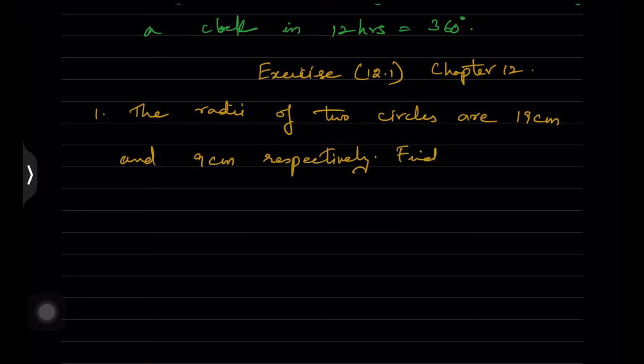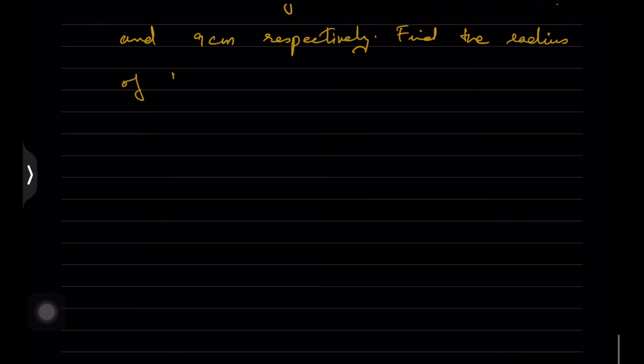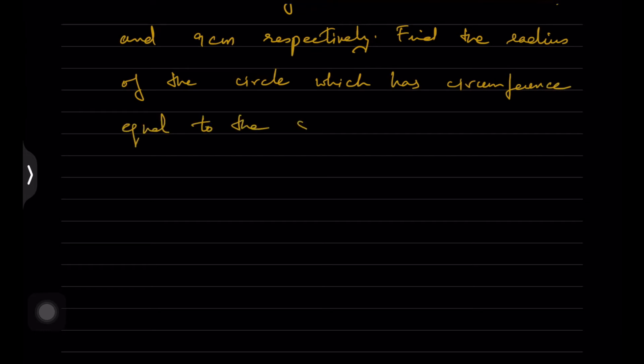Find the radius of the circle which has circumference equal to the sum of the circumferences of the two circles.